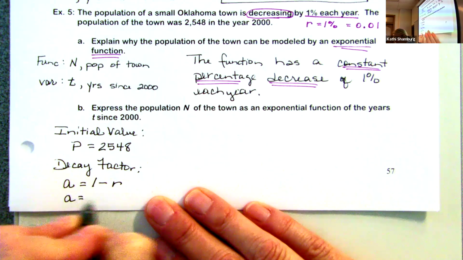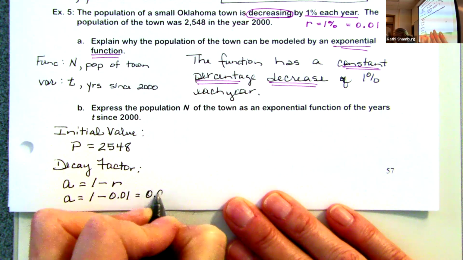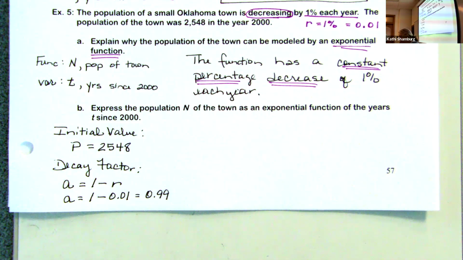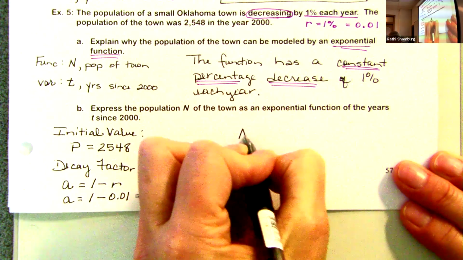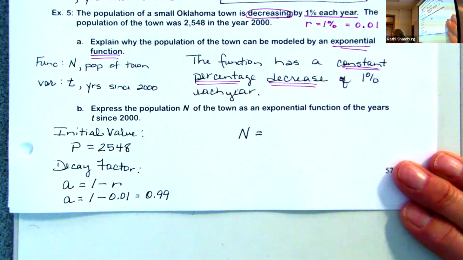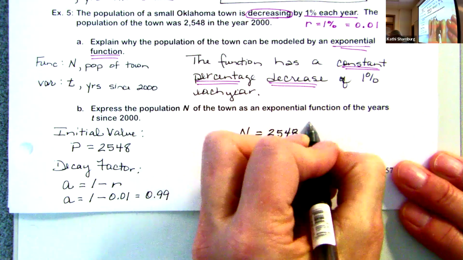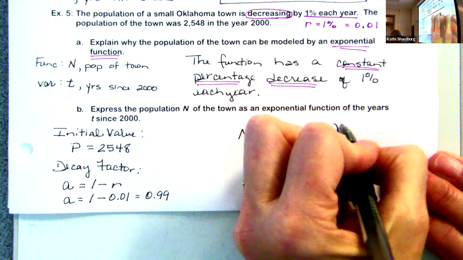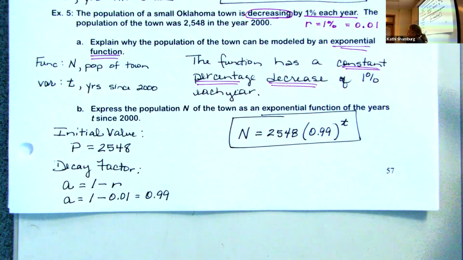So our decay factor will be 1 minus 0.01, which is 0.99. So now I have all the pieces to use my exponential model. That model says your function, we're calling it n, is equal to your initial value, 2,548, times your decay factor, 0.99, raised to the variable t. So this would be the equation model that we would use.